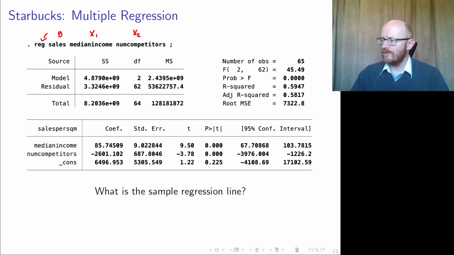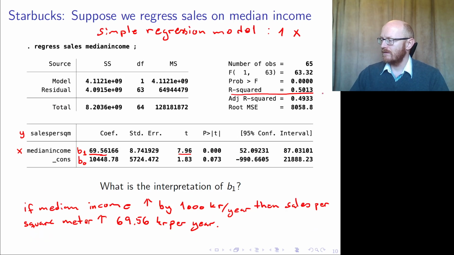You see that first of all, the r squared has gone up from the simple regression models. So if we just revert to the simple regression model where you had only sales on median income, then you could explain 50% of the variation in sales by using information from median income alone.